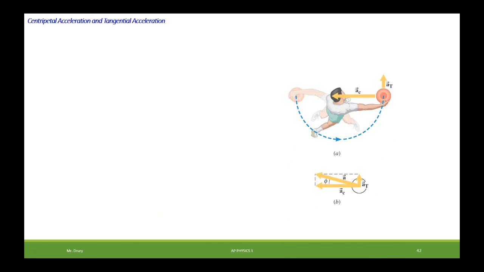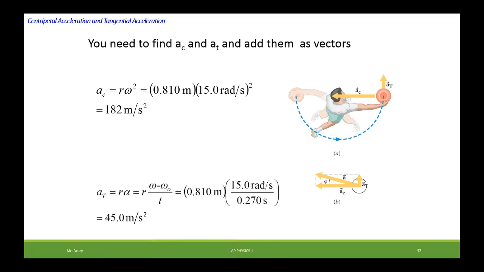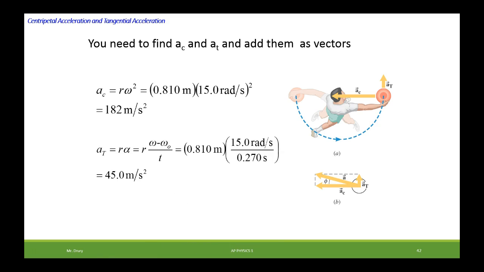Okay, so here we go. Let's find the centripetal acceleration first. Centripetal acceleration is r omega squared, as we just derived. Plugging in the two numbers, we come up with 182 meters per second squared. And to find the tangential acceleration, we know that's r times alpha, and alpha is the angular acceleration.